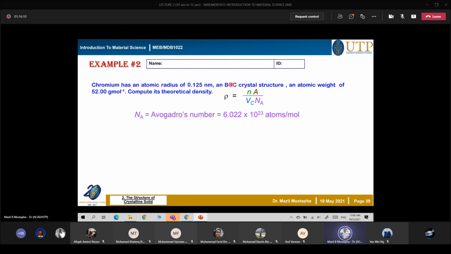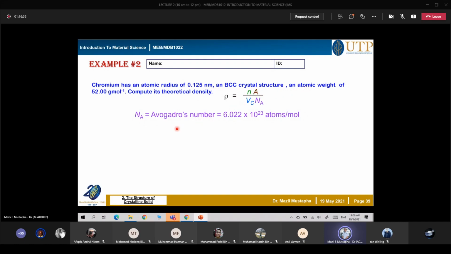Chromium has the BCC crystal structure. Density is given by N, the number of atoms in the unit cell, times the atomic weight, over VC, the volume of the unit cell, times NA. NA is the Avogadro number, and they always also give us the atomic weight.